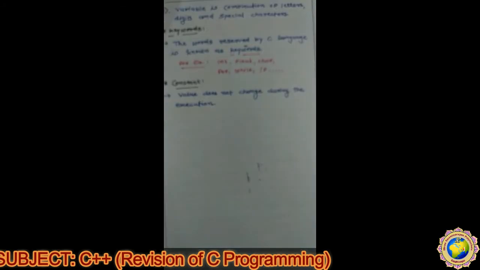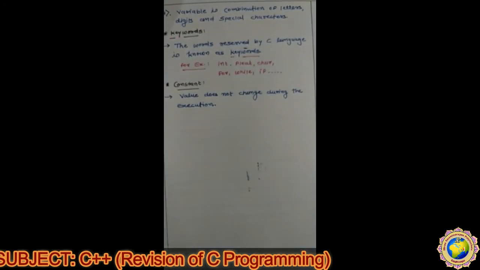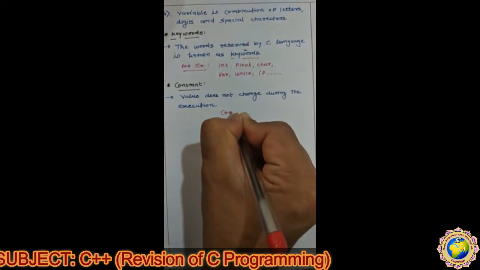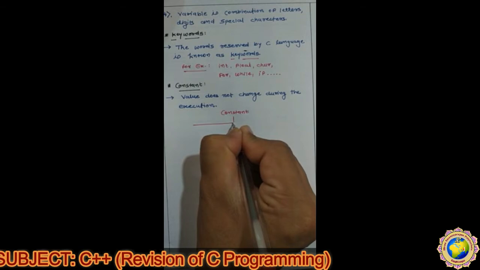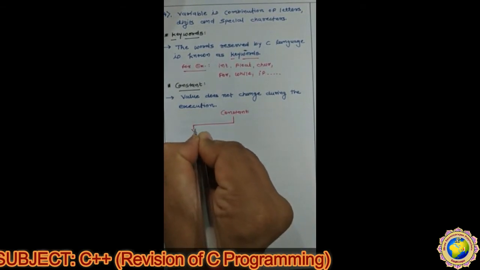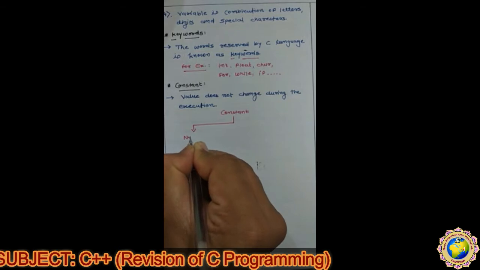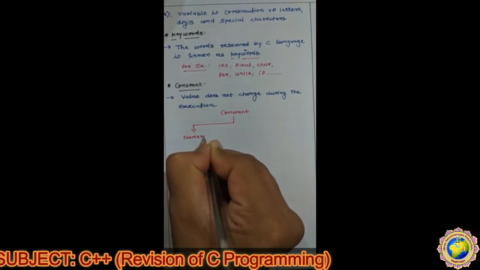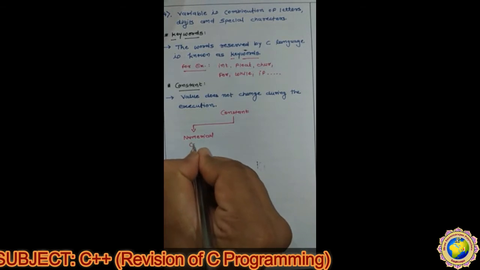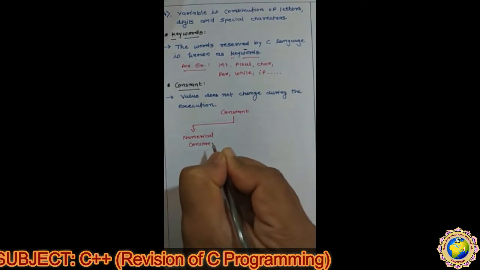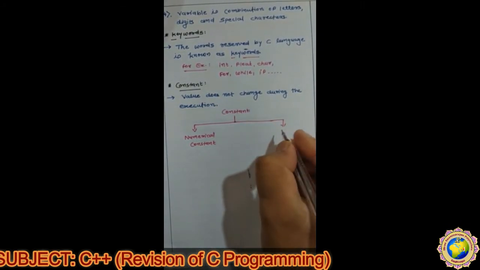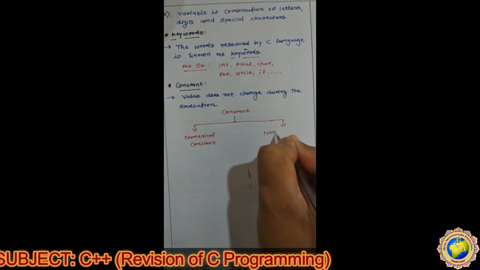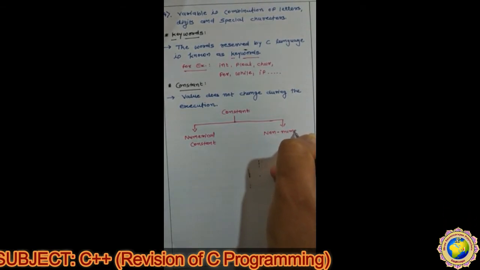There are two types of constant. The first is the numeric constant and the second is the non-numeric constant.